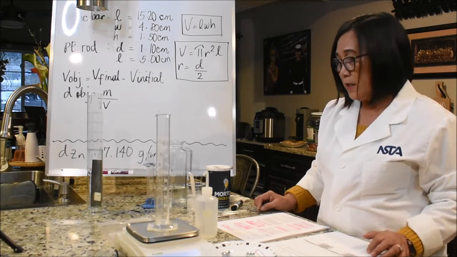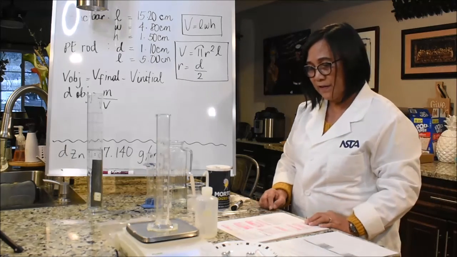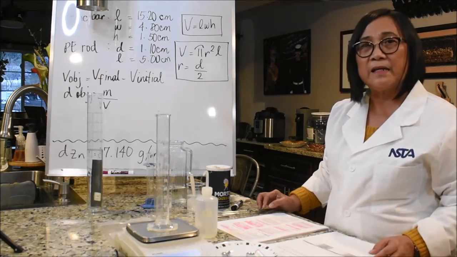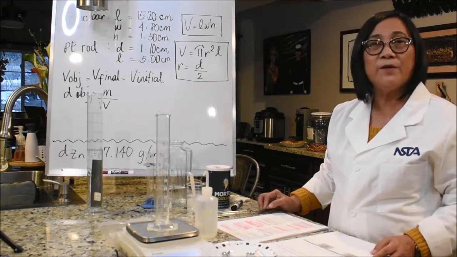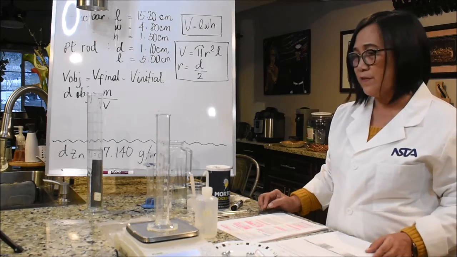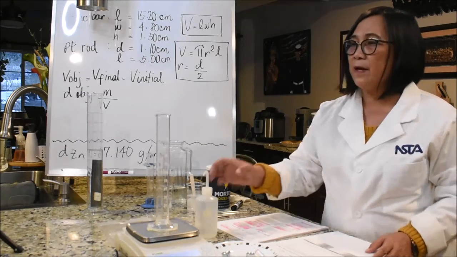Now we will put in that graduated cylinder 50 milliliters of water, and we will find, by calculation of course, the mass of 50 ml of water.